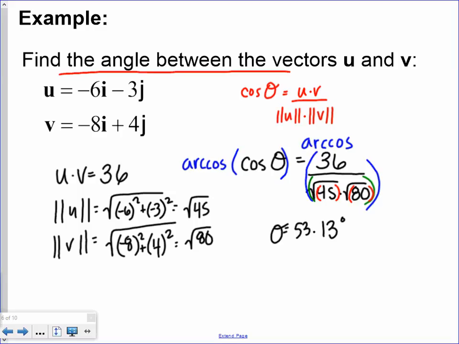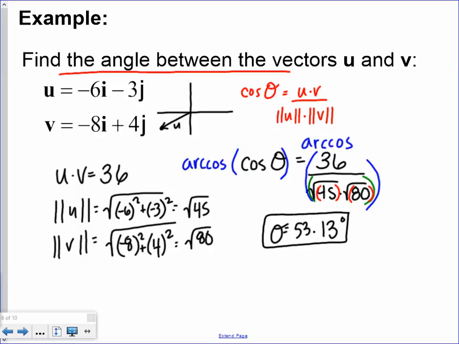Now, if you're ever curious if that's the right answer or if your answer is reasonable, go back to your two vectors, u and v. These are written in linear combination form, and you can sketch or graph them and see if that seems reasonable as to where your angle is. So if I were to sketch u at -6, -3, I'd go 6 left and 3 down to my terminal point.